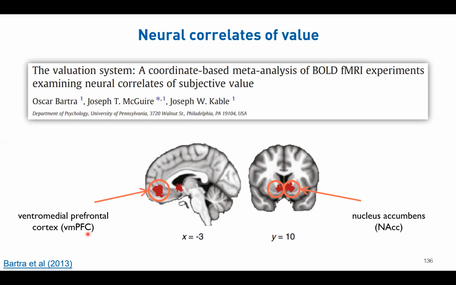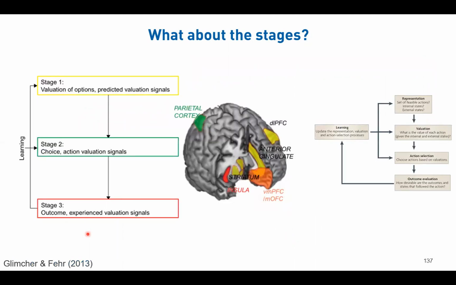The nucleus accumbens is also related to something called a reward prediction error, and this is something for later, not for today, okay? And then if you recall, we have the stages here, and what are the brain regions that are relatively related to each stage? Stage 1, valuation, is here; stage 2, choice, is here; and then outcome, and then learning, right?